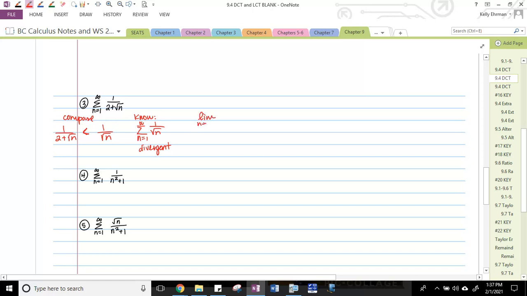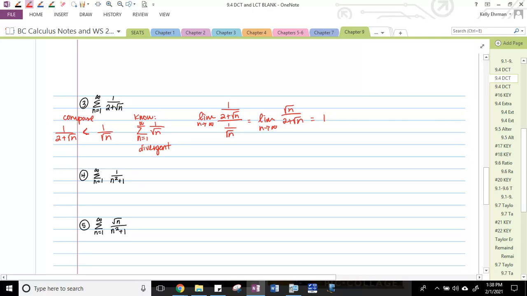The limit as n approaches infinity of 1 over 2 plus radical n over 1 over radical n is going to be the limit as n approaches infinity of radical n over 2 plus radical n. I do believe you can skip right to this step. I might do that in my homework, by the way. But just to be safe, showing where that came from, the limit is 1.